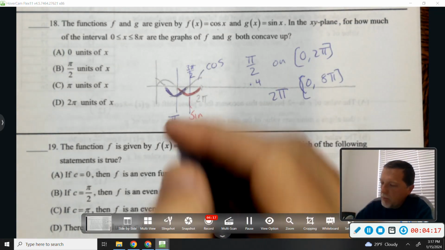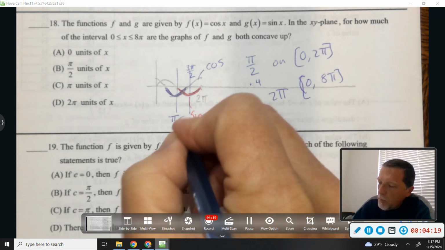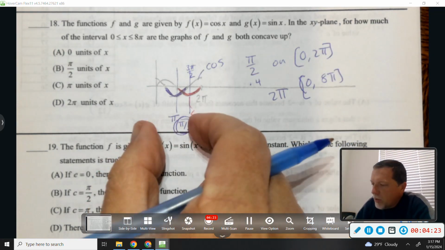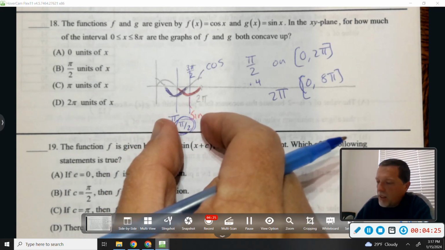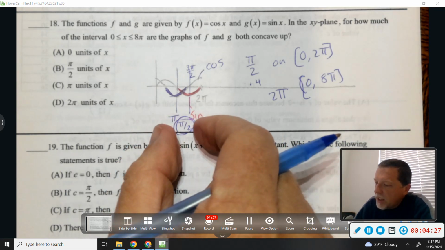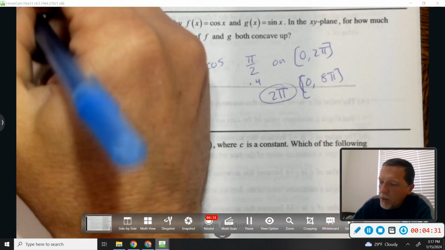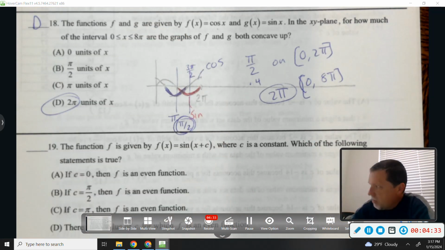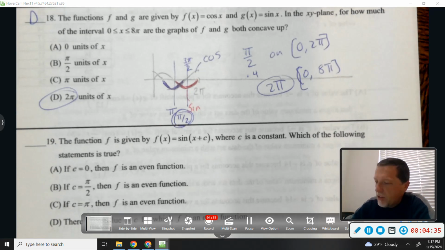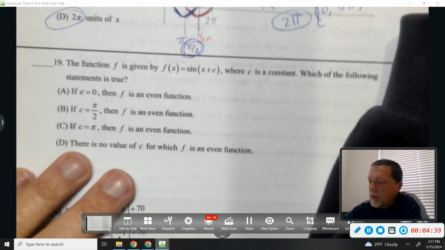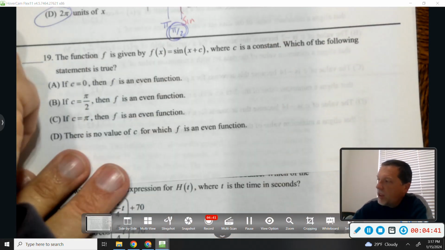If it happens for a pi over 2 interval from 0 to 2 pi, then that interval is going to be repeated 4 times. So I'm good with that being 2 pi. I've got somebody who agrees with that answer.